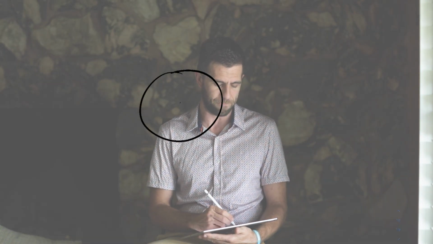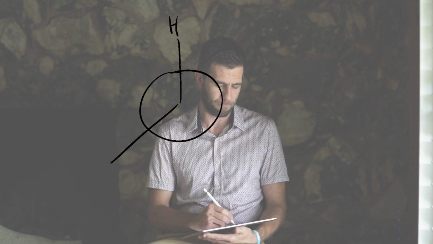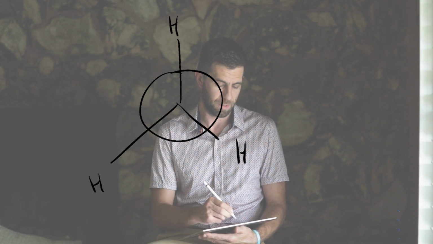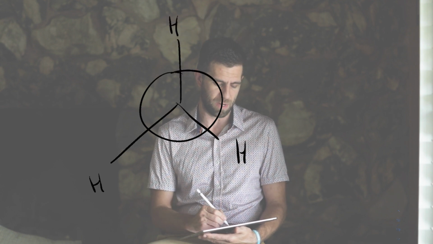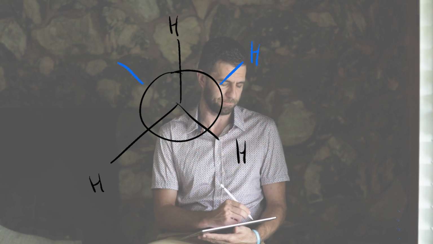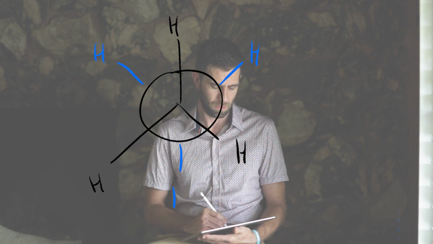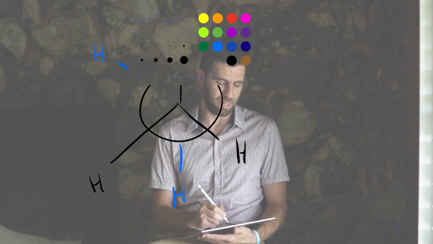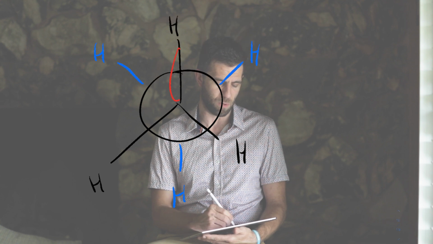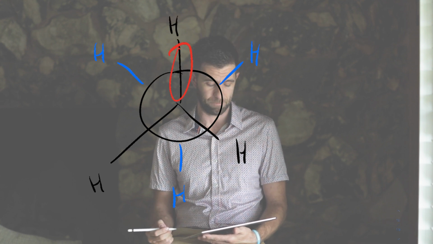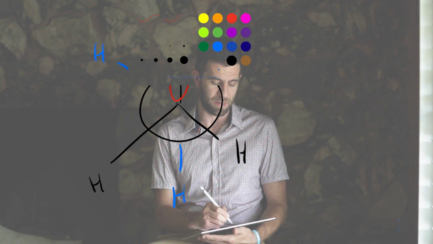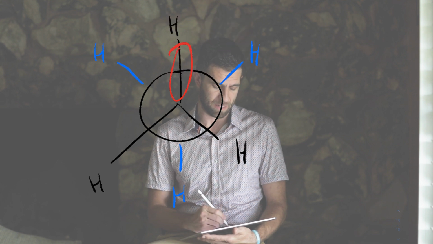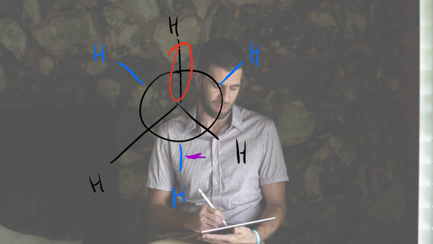I'm saying that if we have our hydrogen here, and then we have our rear hydrogens like this, that bonding must be happening right here in the front, right? So then the anti-bonding in the back is on the opposite side of this, right? So this is bonding as well, right here.